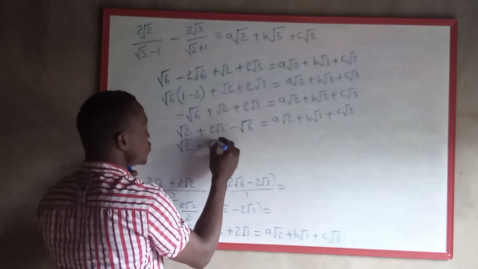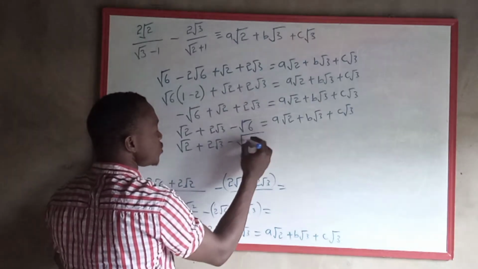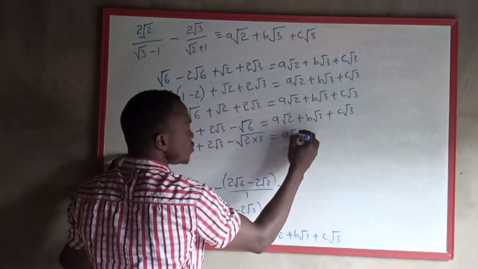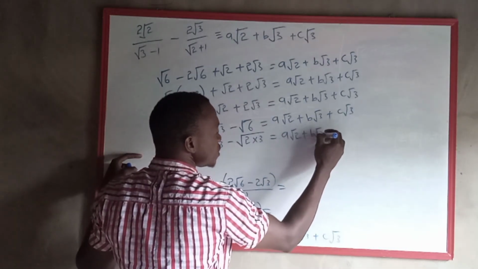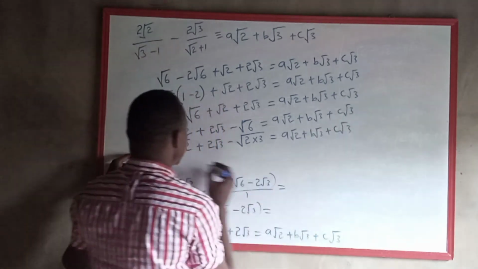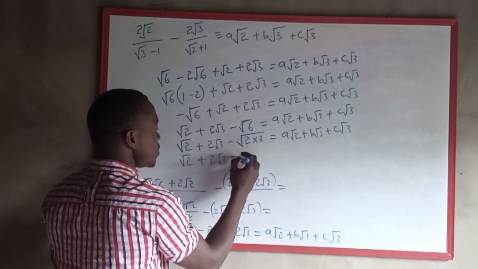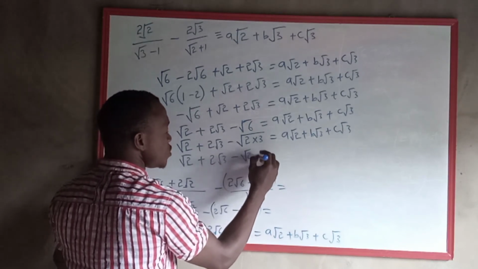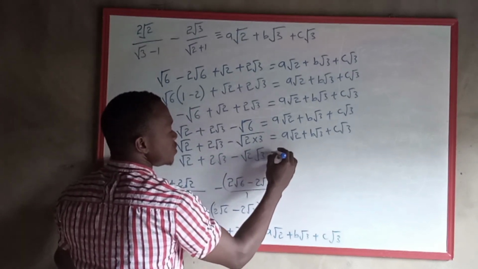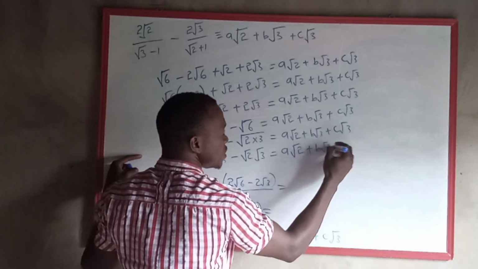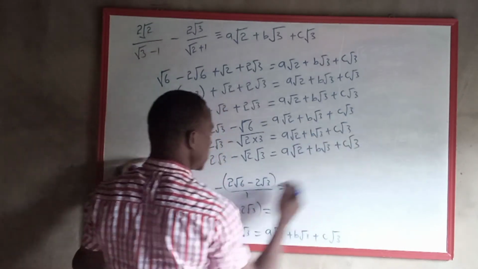So we have root 2 plus 2 root 3 minus root 2 root 3 is equal to a root 2 plus b root 3 plus c root 3.